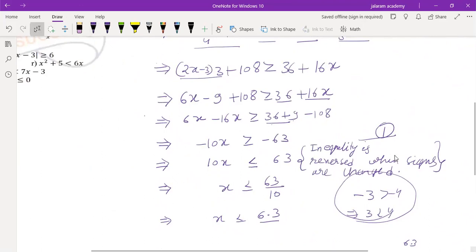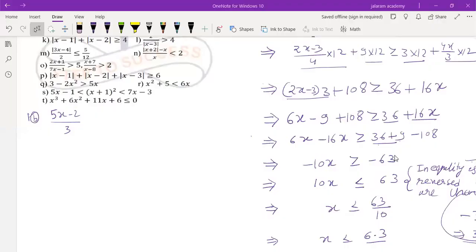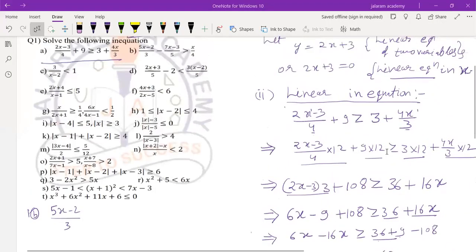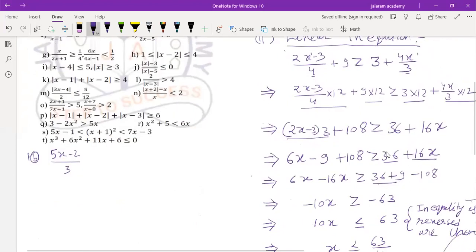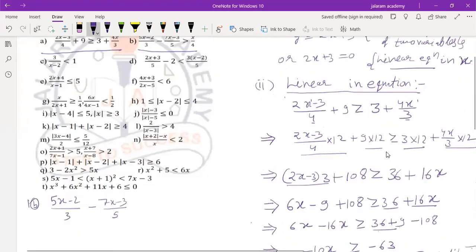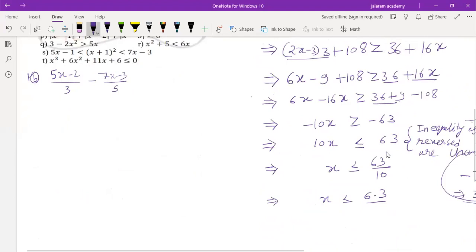Now solve it yourself. (5x minus 2)/3 minus (7x minus 3)/5 is greater than x/4.